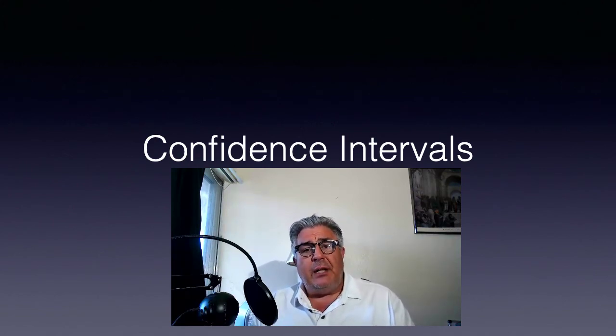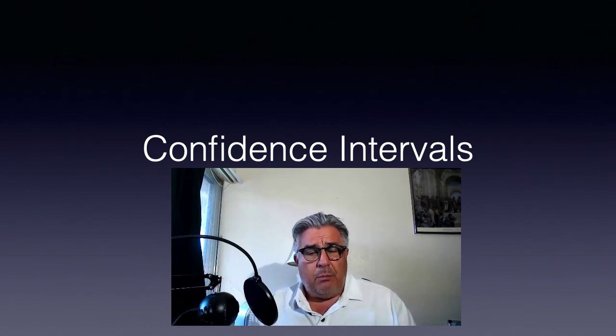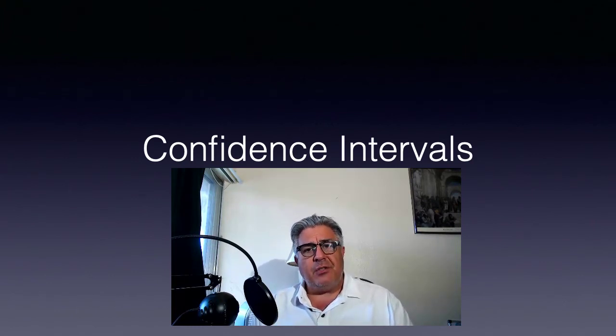We're going to lay the foundation, then I'm going to go into the gory details regarding proportions, and we'll take a look at some examples, and then at what's referred to as sample size computation. This first part deals primarily with the population proportion, and in the next video I will talk about the sample mean and how we use X bar to estimate mu.